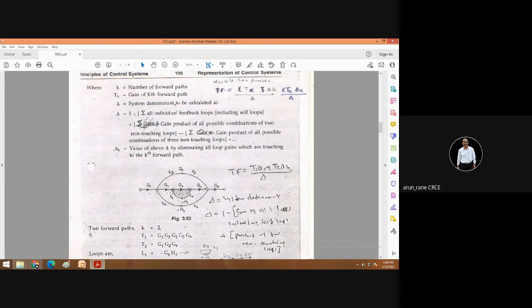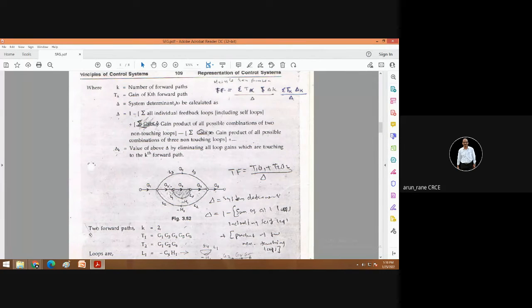So K is equal to 2. That means you will have to find two gains, T1 and T2. T1 is the gain of the first forward path and T2 is the gain of the second forward path. So the first forward path is like this, and its gain will be T1 equal to G1, then G3.